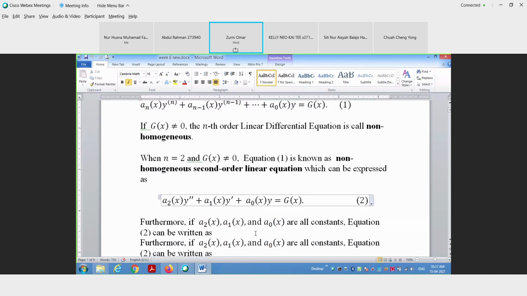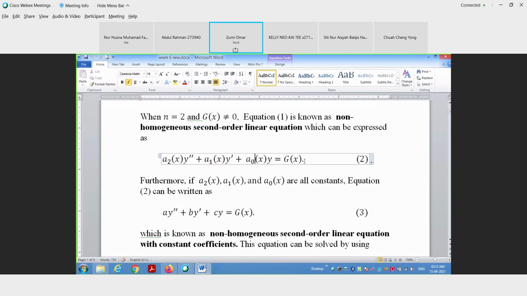Now we want to make it simpler. We assume that a2(x), a1(x) and a0(x) are all constants. So equation 2 can be written as equation 3, where a2(x) equals a, a1(x) equals b, and a0(x) equals c.